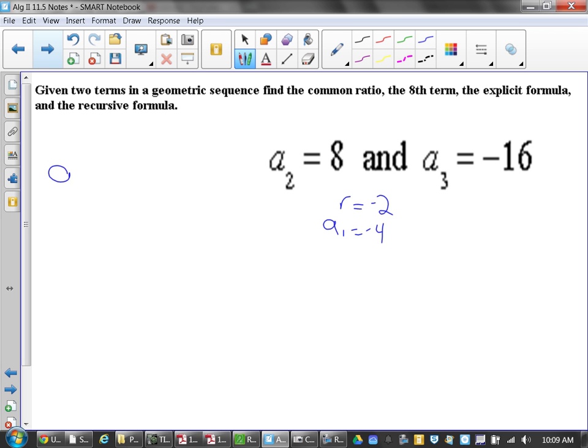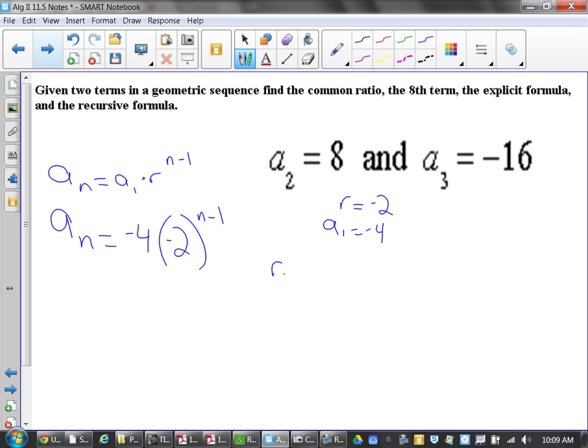So now you know what your rate is, you know what your first term is, your explicit rule: first term times rate to the n minus 1. Well, it's -4 times -2 to the n minus 1. That's explicit. When I go to the recursive then, what's my rate? -2.